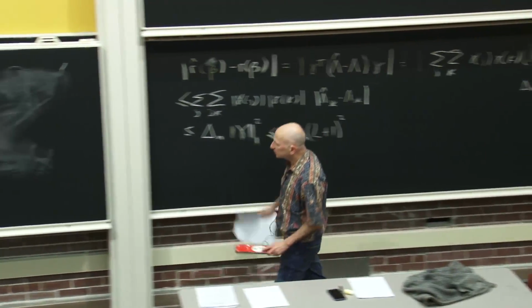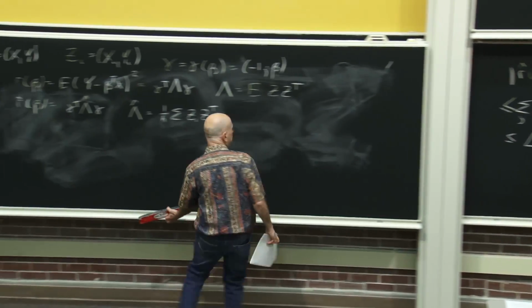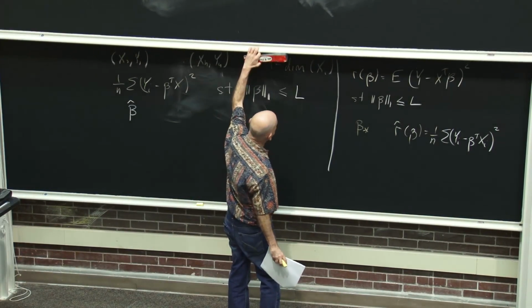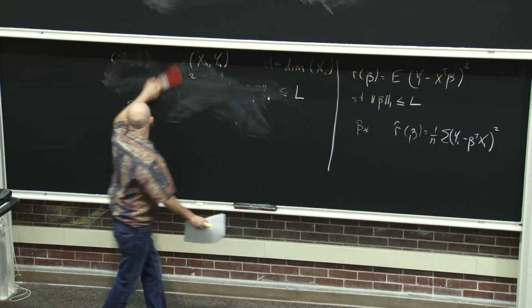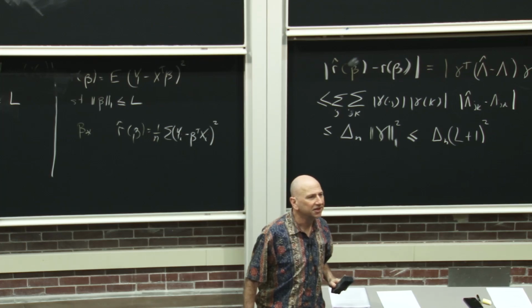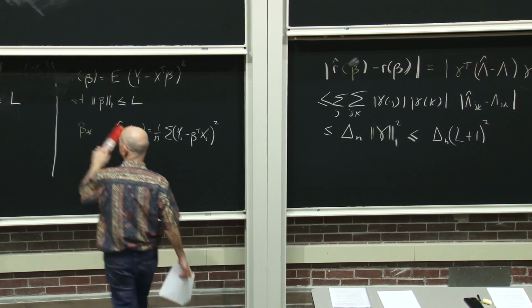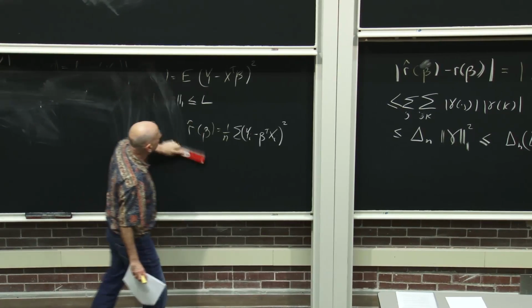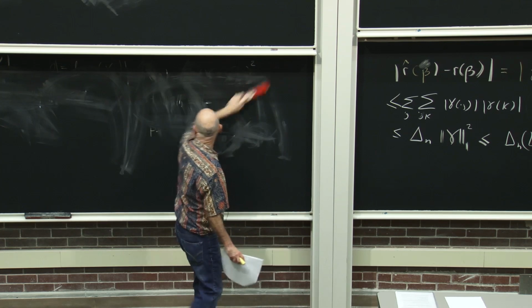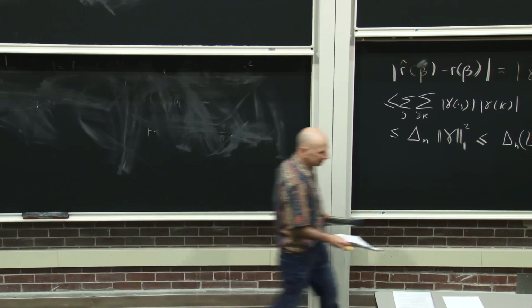But before we do that, let's now get a bound on the quantity we're interested in. I'm sorry? Yeah, there's a lowercase delta in the notes. I don't know where that came from. Well, I do know. I must have forgot to type capital D. So yes, that appears to be a typo.